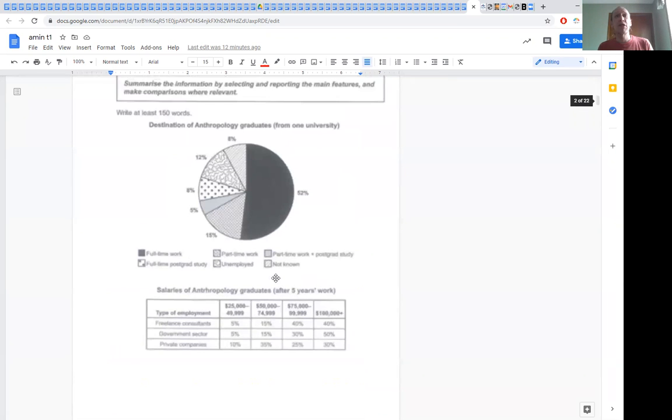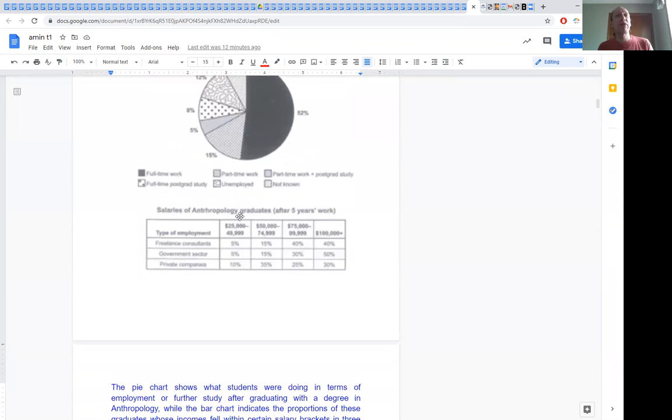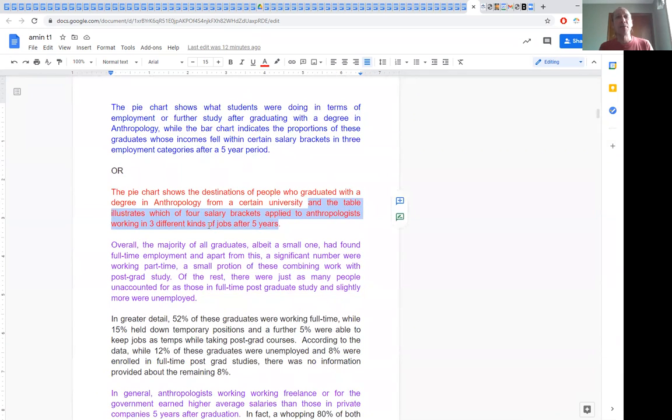You could also just say shows the salaries of anthropology graduates, or how much anthropology graduates made or earned, I suppose, after 5 years of work. It doesn't say really how much, if that's a salary or how much they earned totally, but I'm guessing that's what their salary is. It doesn't really say. I actually just noticed that right now.